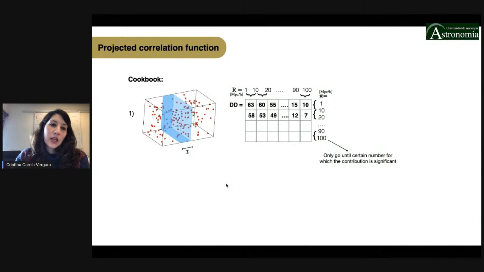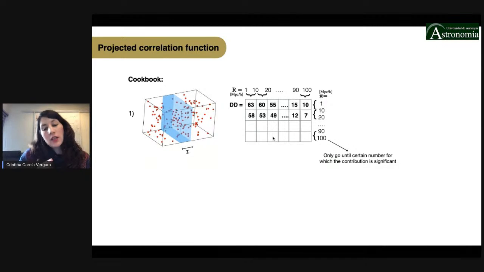So this is the cookbook that I prepared for you. In the case that you have a survey with 3D positions, you are not creating DD as a one-dimensional array anymore, but you have a two-dimensional array. You have bins in r, which is the projected distance in the sky, and you also have bins in p, which is the distance in redshift space.